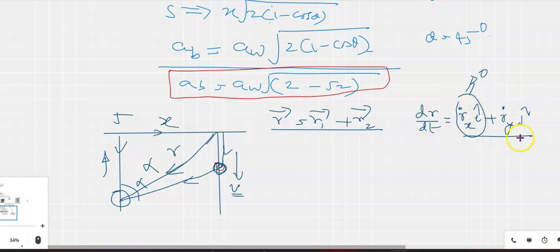So what is not 0 is r dot y. So our job is to find out what is r dot y, what is the speed of this. Suppose I take this as ring a and this as ring b. Now what we are talking about is the position of the ring b.